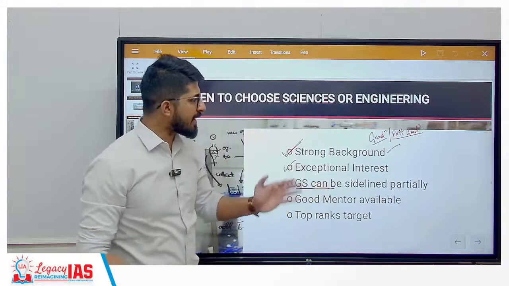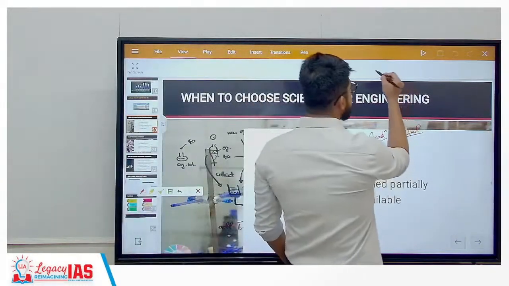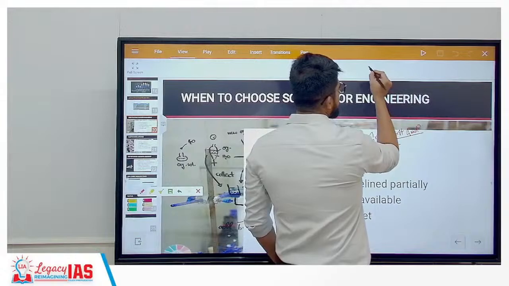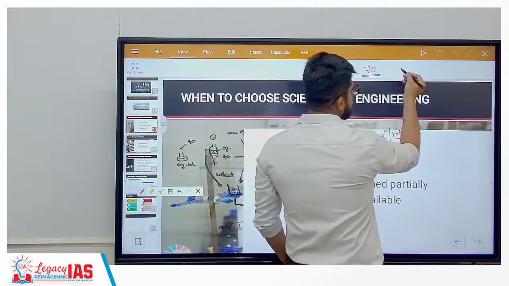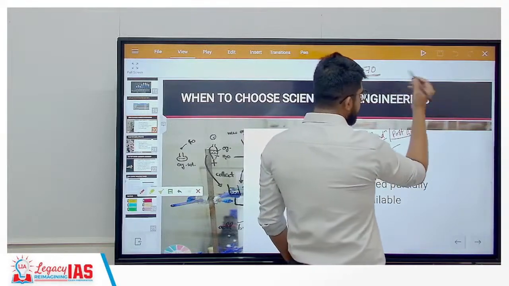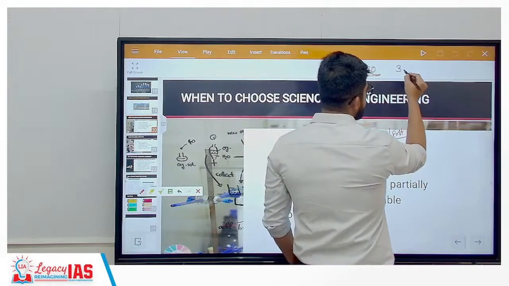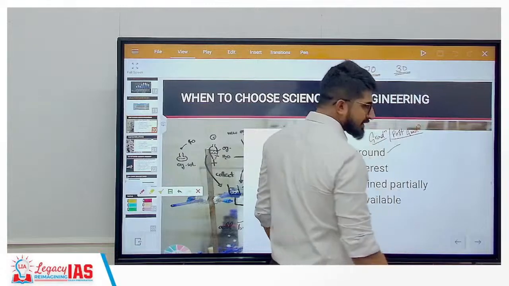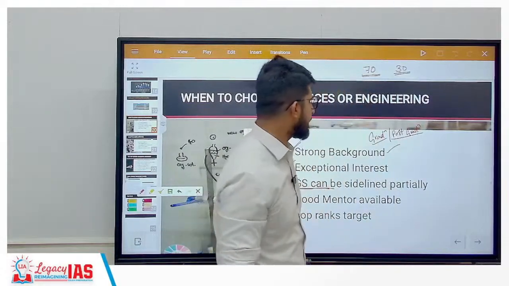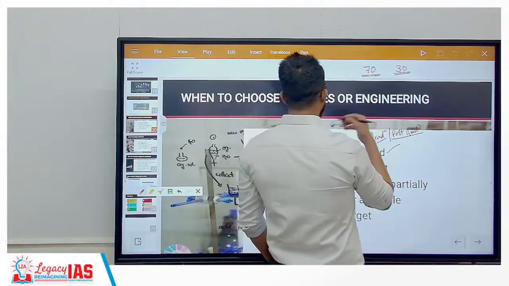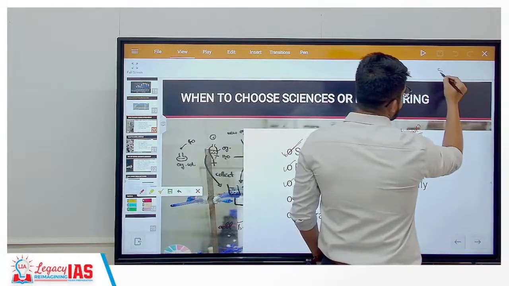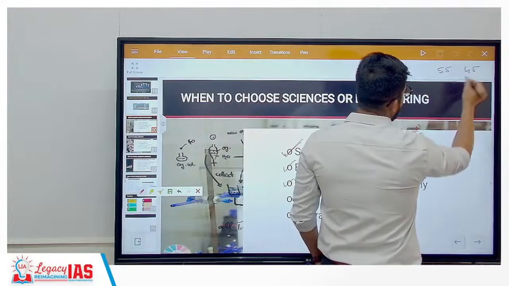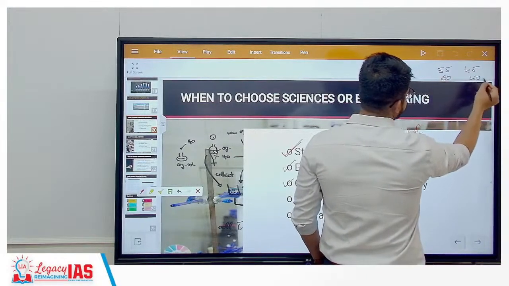Let's say, for example, when you are studying a normal optional subject, that is humanities as an optional, the split of time and energy is 70-30. When it comes to sciences, it should be somewhere around 55-45 or even 60-40.